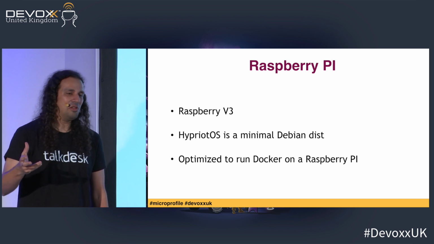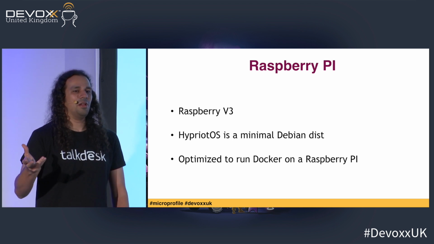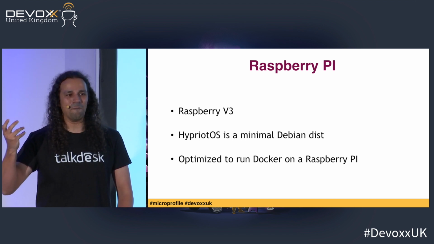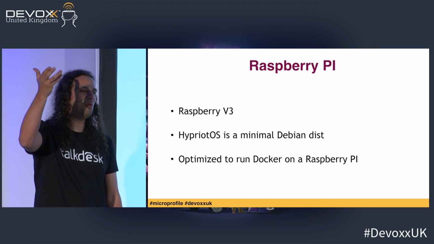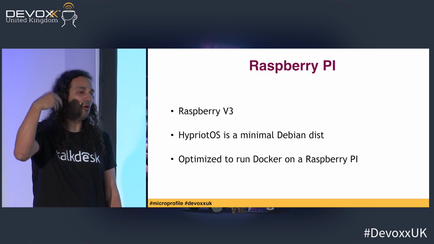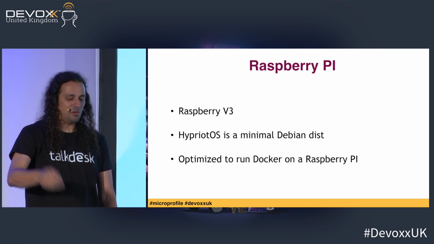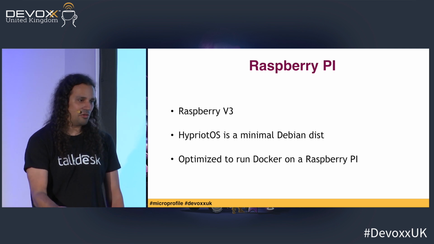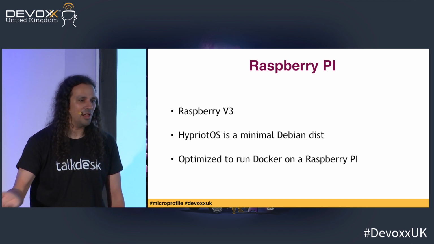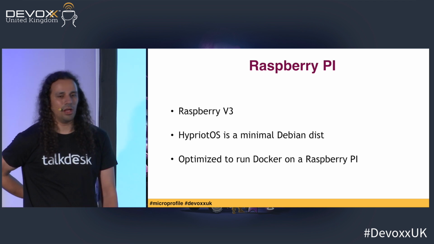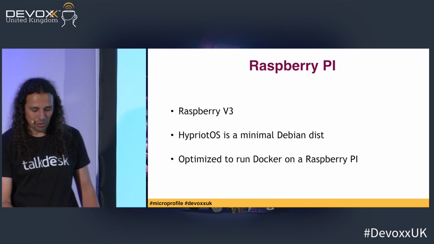The only limitation is that the Docker images have to start from a Raspberry Pi image, or a system that is compatible with an ARM. So if you pick up any Docker images that run on your local boxes, usually they don't run on the Pi because it requires an ARM core.